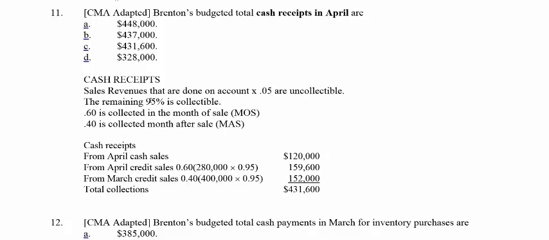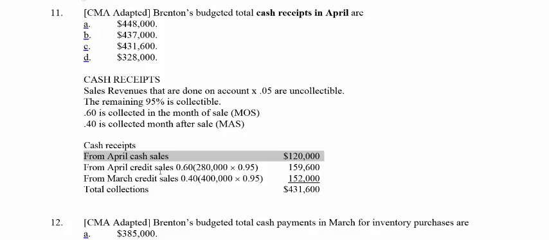So 95% of the sales done on account are collectible. And of that 95%, 60% is month of sale, 40% month after sale. If we go back up to our chart, we can pull from there cash sales in April, $120,000. It's given to us.